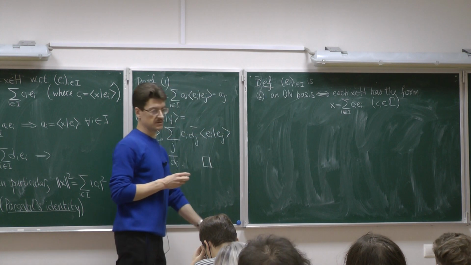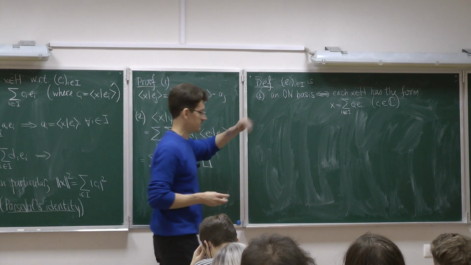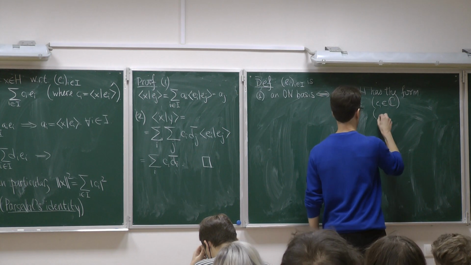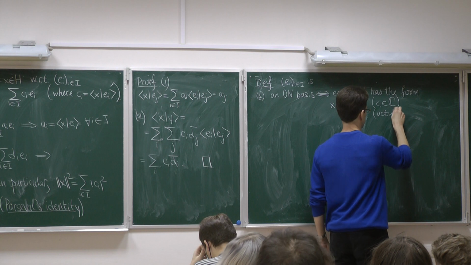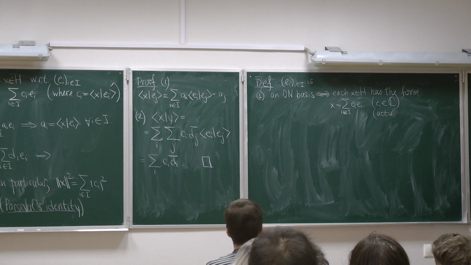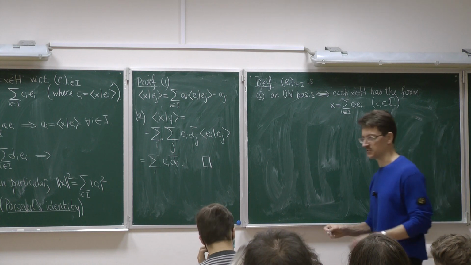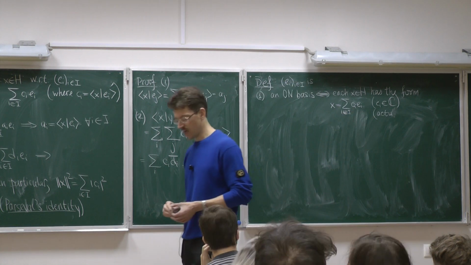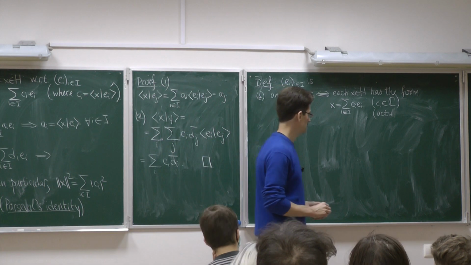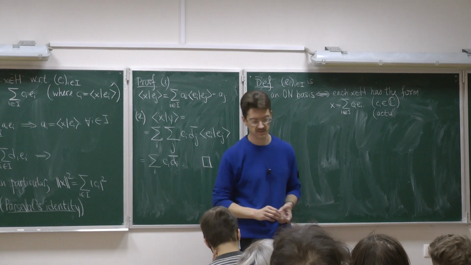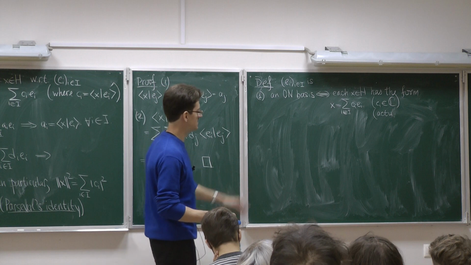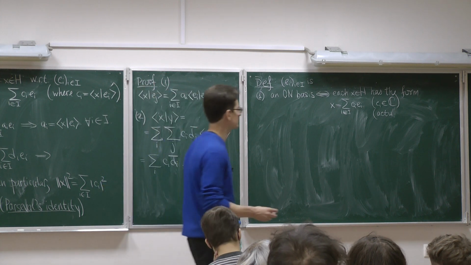But in fact, we already know that if such a formula holds, then Ci are nothing but the Fourier coefficients. Well, it may not be a basis in the algebraic sense. Yes, this is important. So an orthonormal basis in an inner product space is not necessarily a basis in the algebraic sense. And we will see soon that if H is an infinite dimensional Hilbert space, then an orthonormal basis is never an algebraic basis.